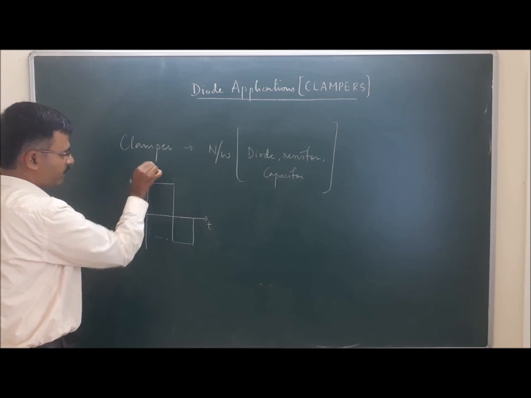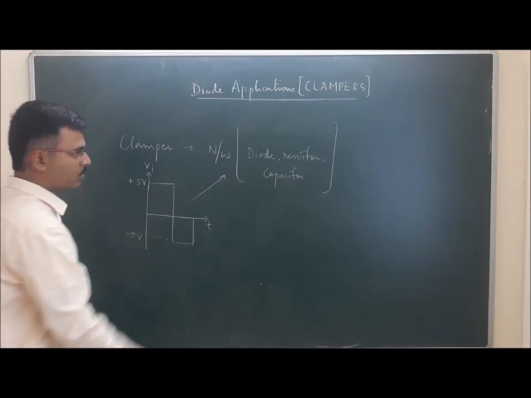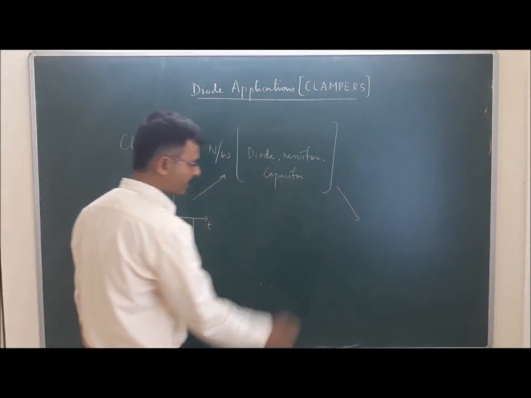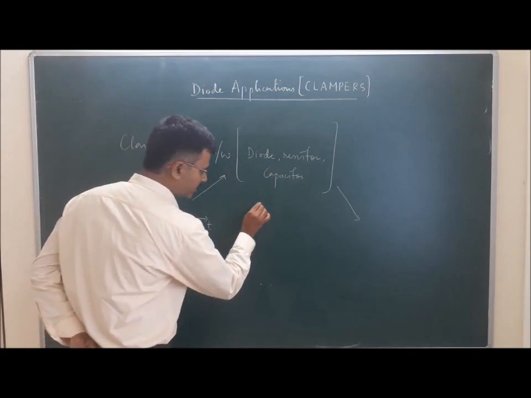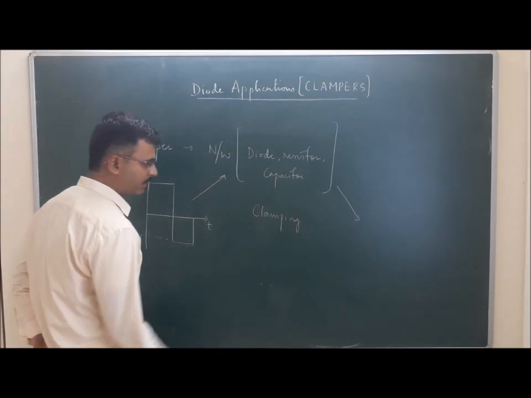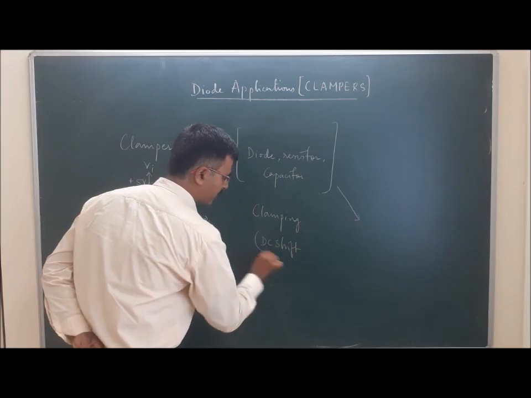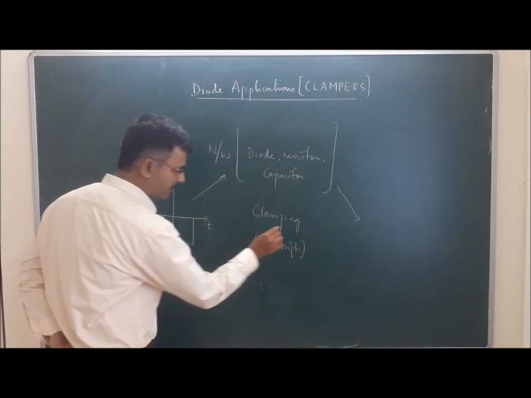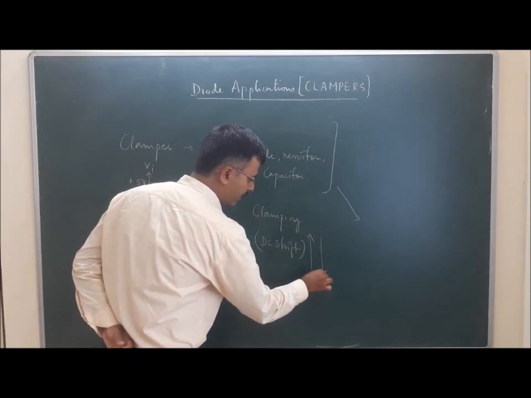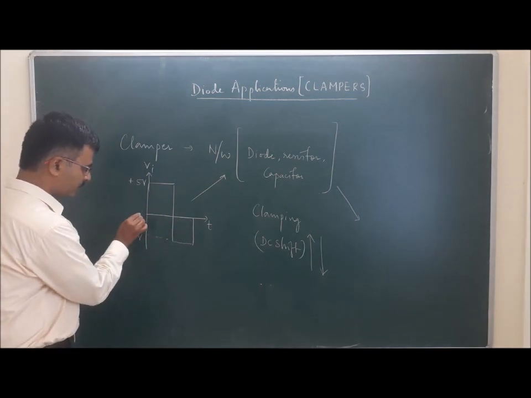If I apply this input signal to the clamper circuit, what should be the output? First of all, there must be clamping. What does clamping mean? It is a DC shift, either in a positive way or in a negative way with respect to the reference level of the input signal.